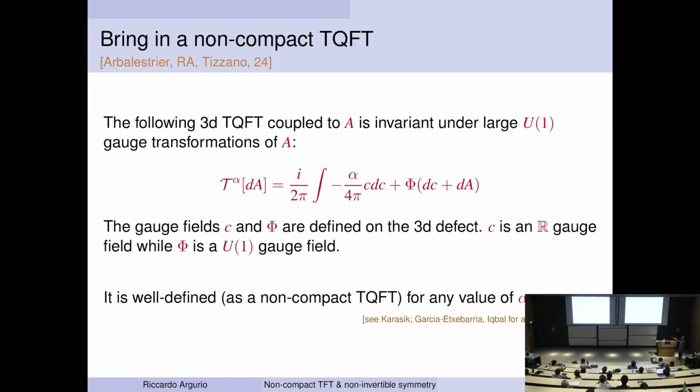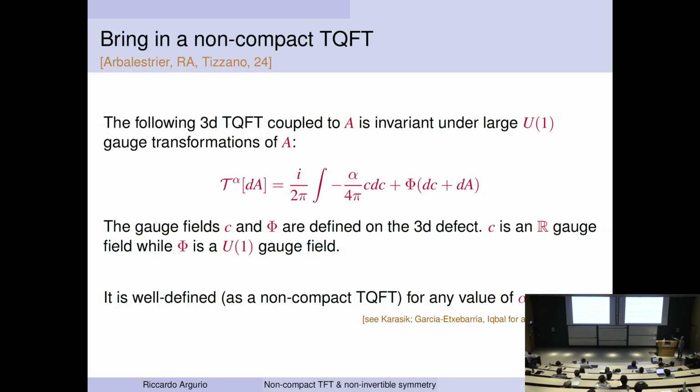Okay. So this was the starting point of the previous discussion about the rational angles. What we propose is that, instead of using the fractional quantum Hall effect trick, we couple the U1 gauge field to this non-compact TQFT.